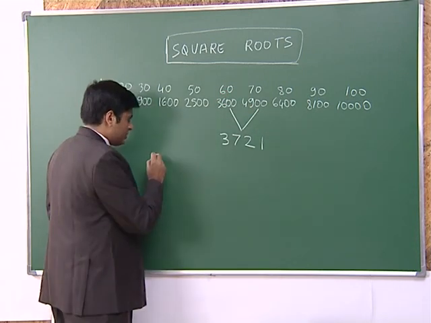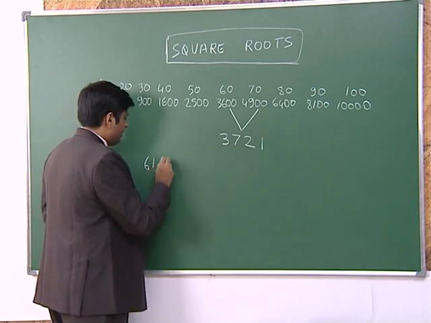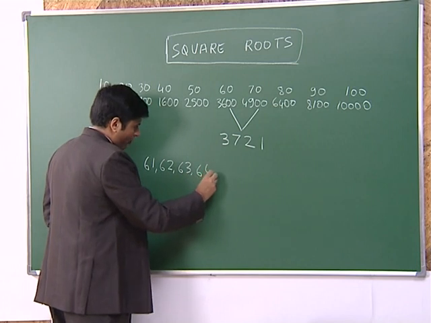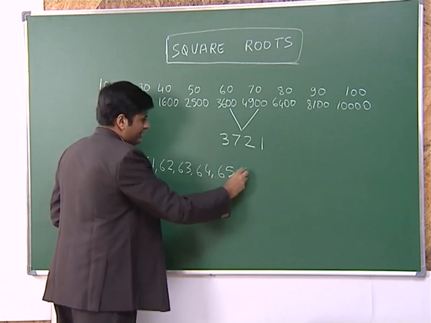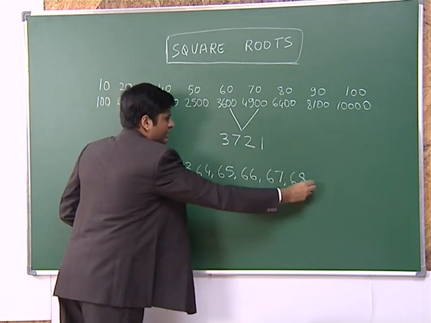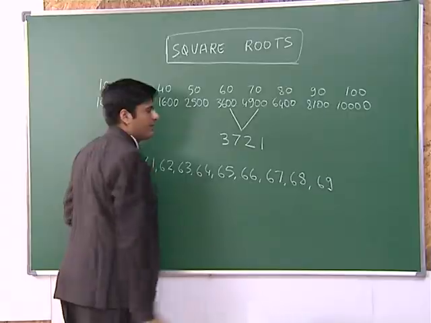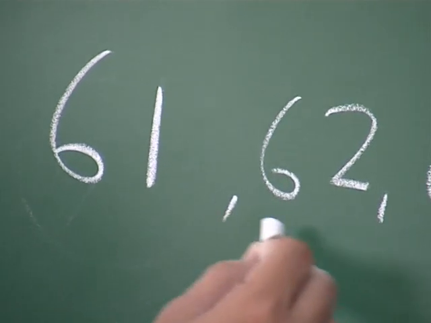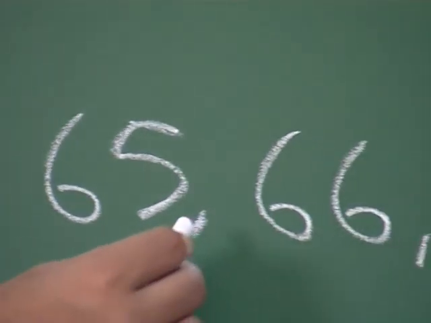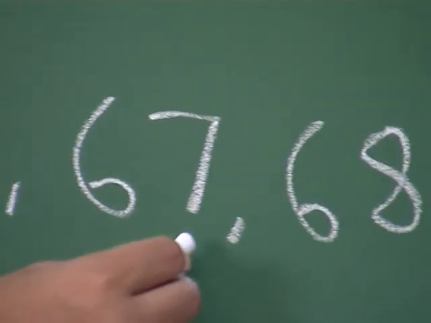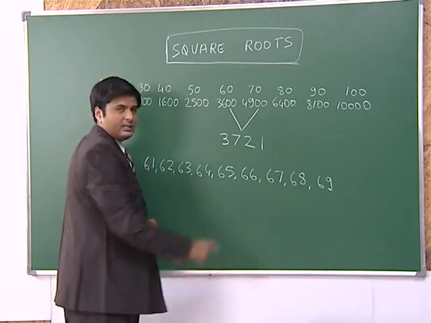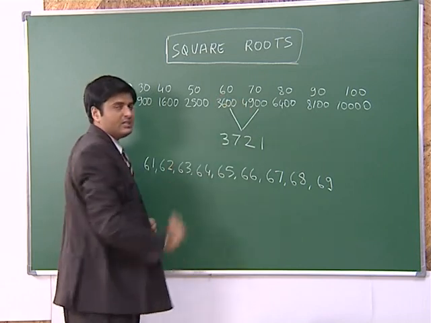That means our possibilities are 61, 62, 63, 64, 65, 66, 67, 68, 69. These are our possibilities if it is between 60 and 70.